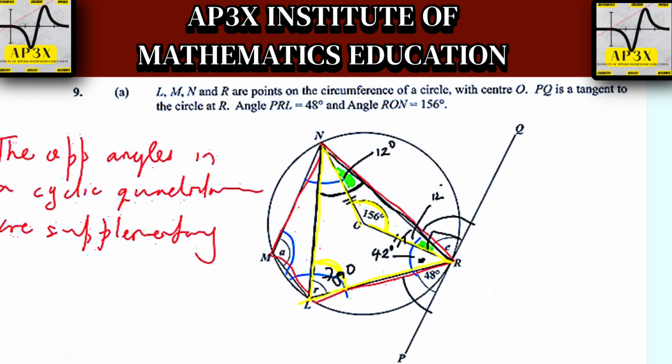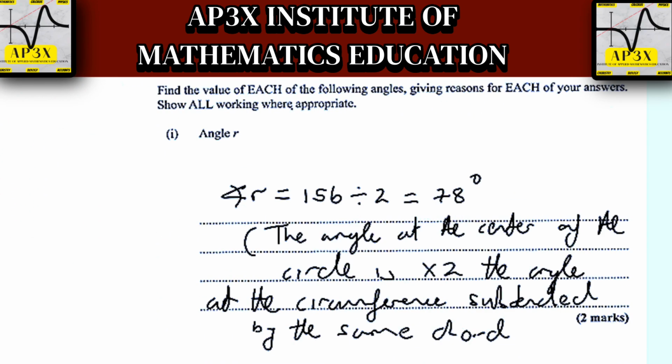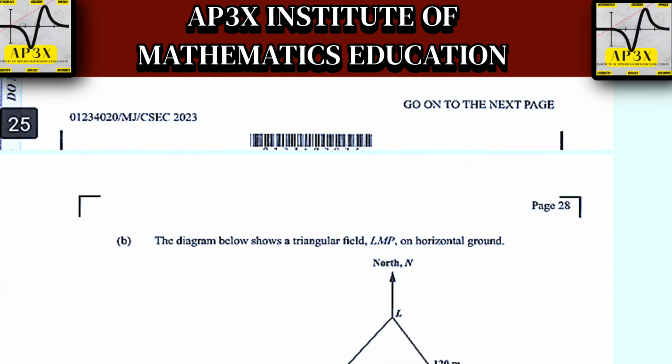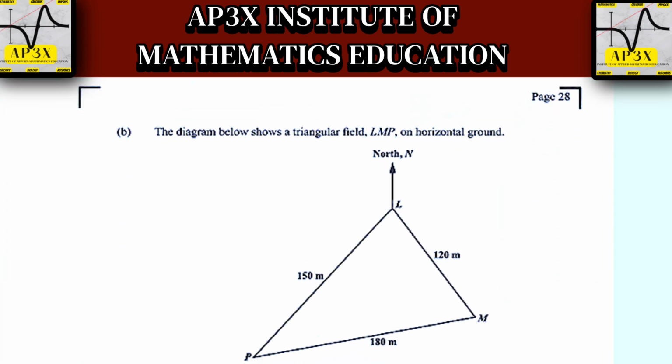It all boils down to having good geometric observational skills, identifying radii, chords, diameters, tangents, and seeing the relationship between the angles. So that brings us to the end of that diagram.